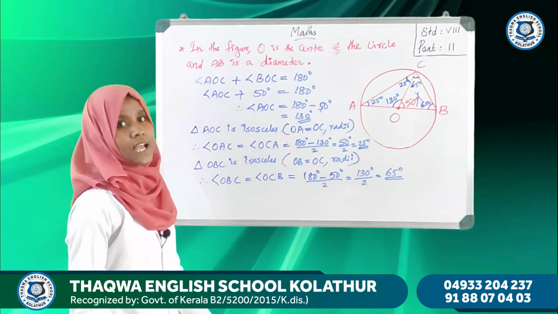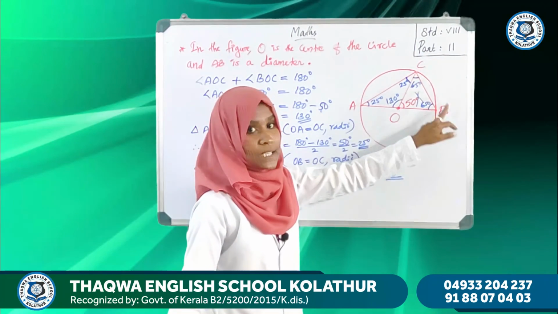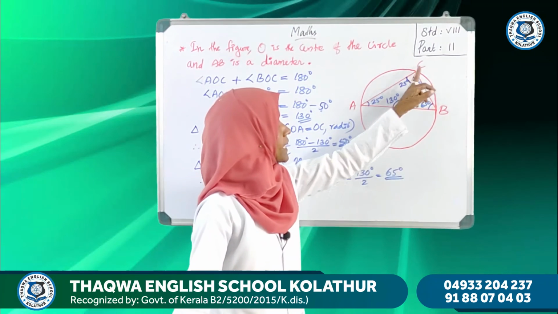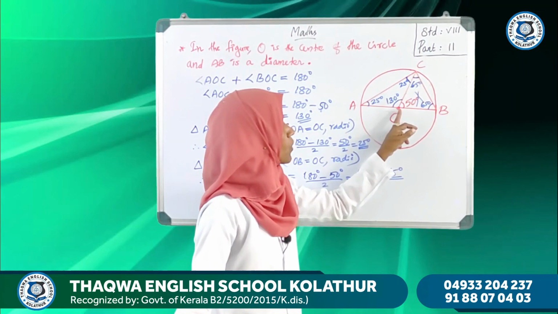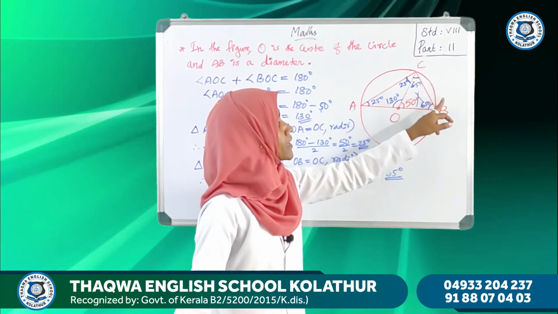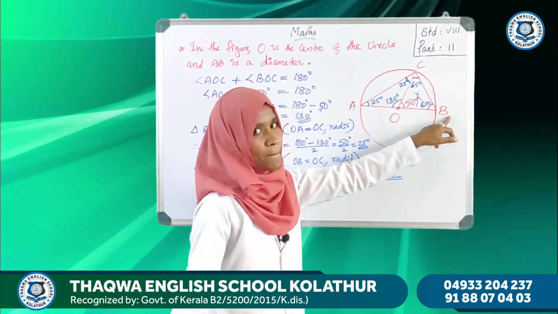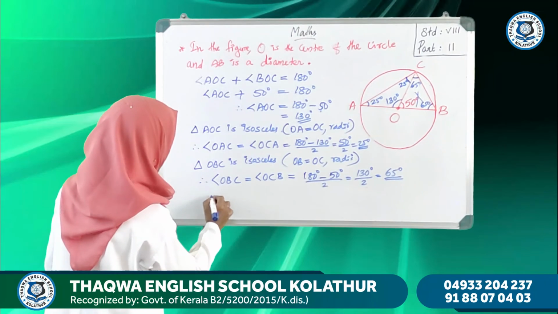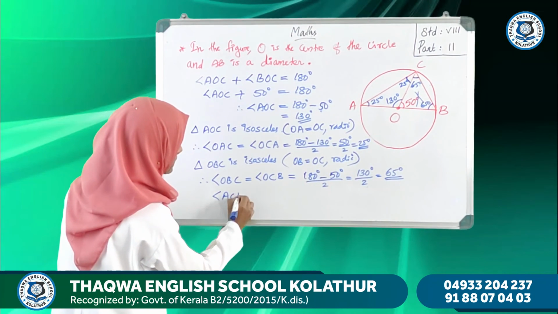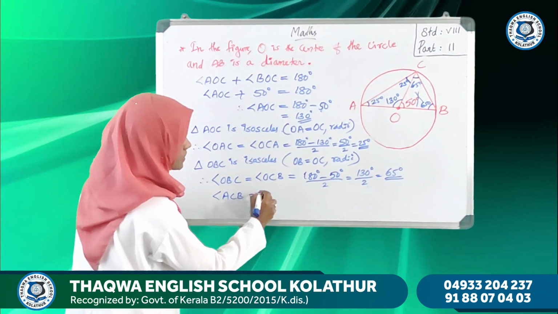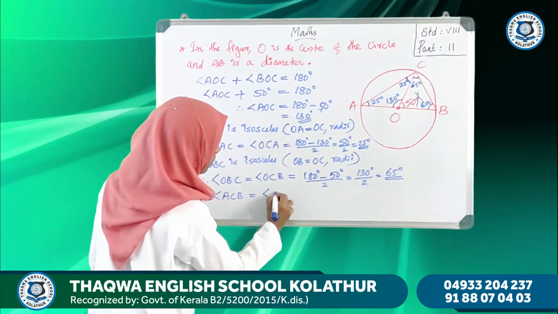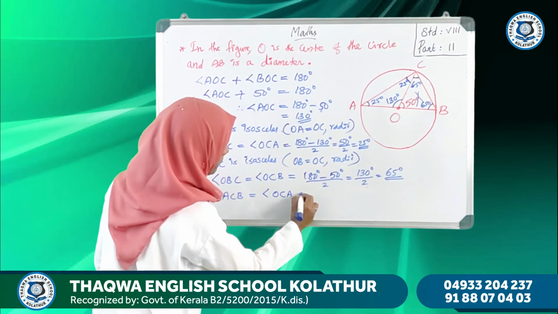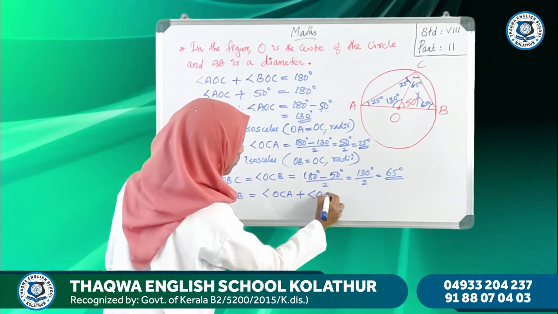Now, what is the measure of angle ACB? Angle ACB is the sum of the angles, angle ACO or OCA and angle OCB. Angle ACB equals angle OCA plus angle OCB.